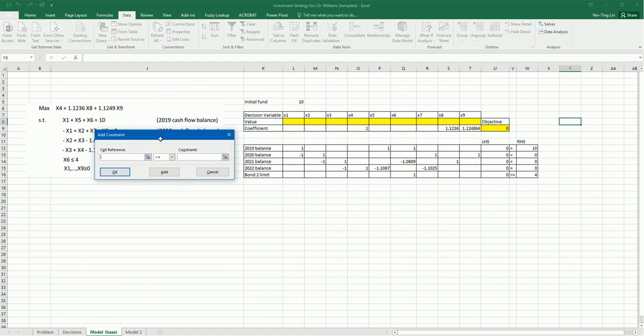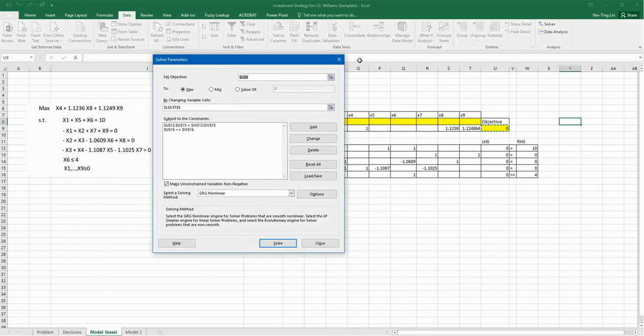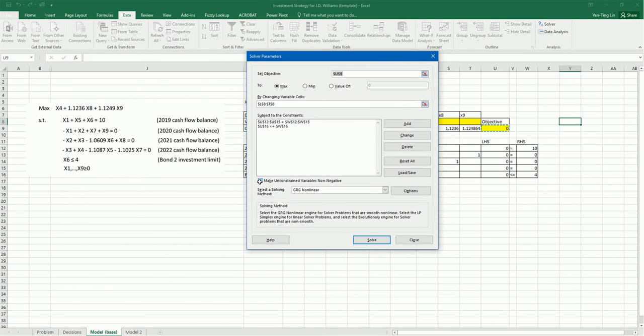And now we can add the last one, where this number needs to be less or equal to the right hand side, this number, and OK. So you see both constraints are entered properly. And make sure you check this box, so that the decision variables are non-negative. In other words, checking this box takes care of this constraint.